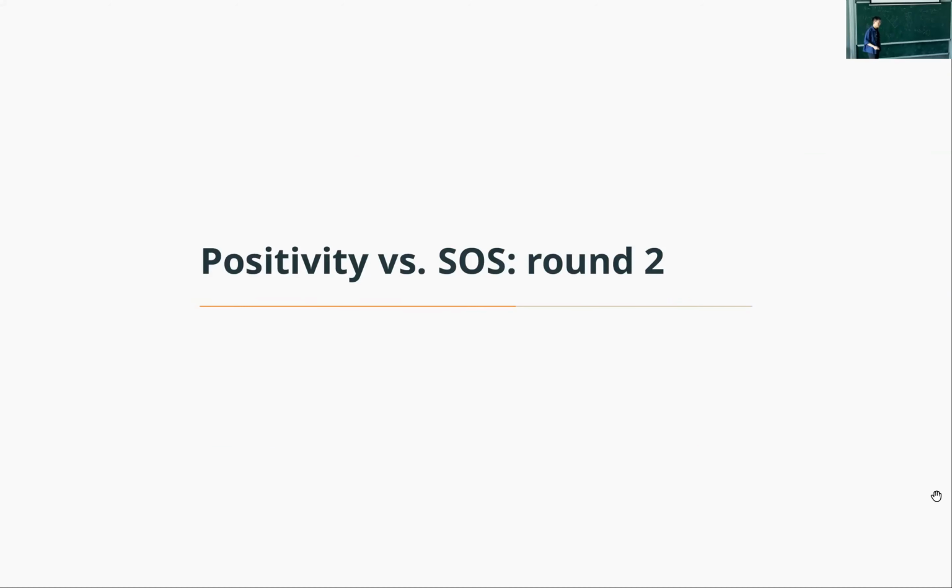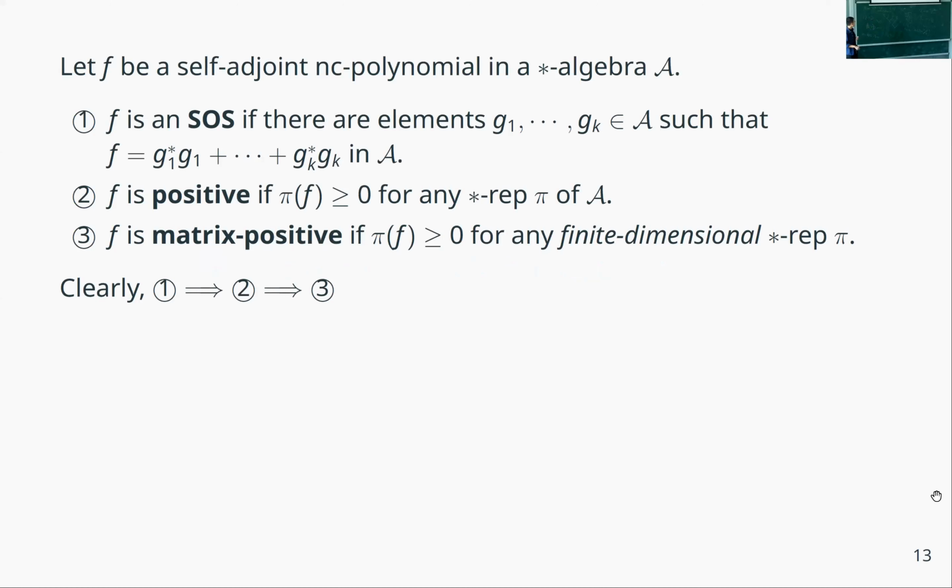So now we have this notion of noncommutative polynomials. We want to study the problem of positivity versus sum of squares in this setting, which is closely related to quantum information. If I give you a self-adjoint element f, we define it to be a sum of squares if you can find some other elements such that f is a sum of Hermitian squares of those elements.